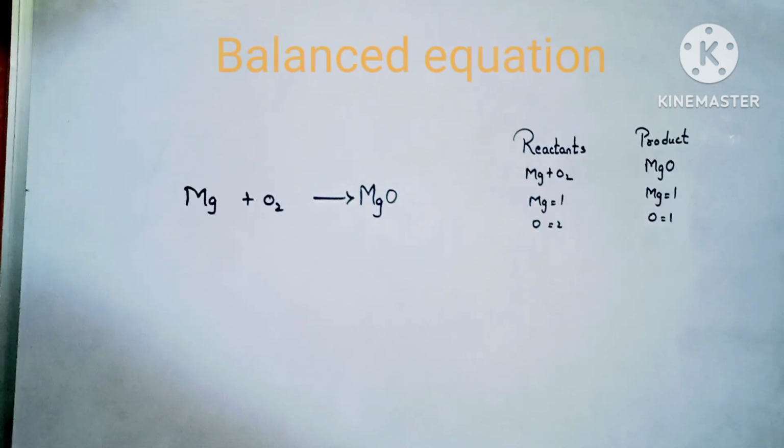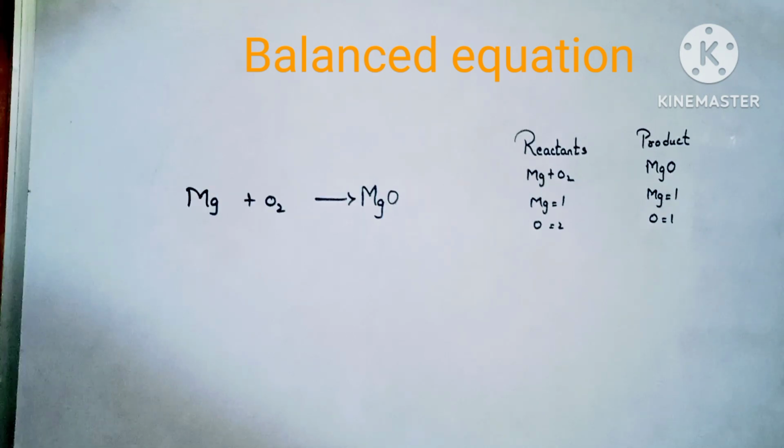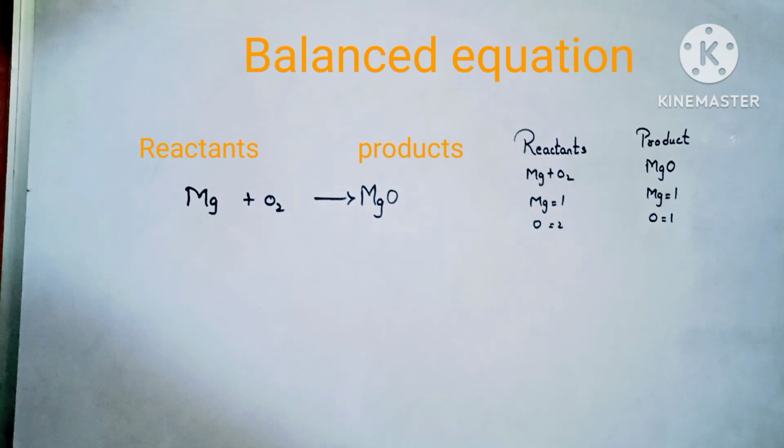Let us see balanced equation. A chemical equation is a balanced equation when both reactants and products have an equal number of atoms. Let us see the example. Here I have taken one example. Let us count the atoms in the reactant and the product.